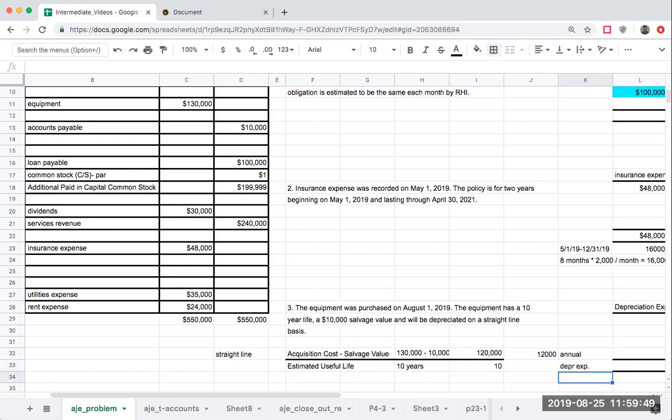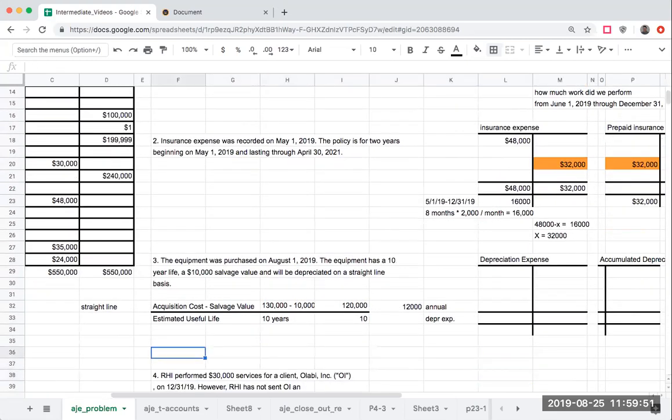Now, the challenge I have with this is that I bought the equipment on August 1st, 2019. So if this is the annual amount of the depreciation expense, what is it going to be for 2019? Because again, I bought it on August 1st. I did not buy it on January 1st.